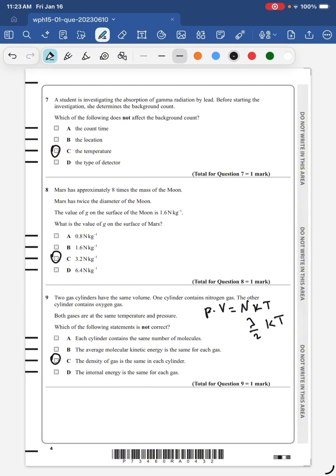And then D, the internal energy is the same for each gas. That's actually true, because you have the same number of molecules and the same temperature, and the internal energy is equal to the number of particles times 3/2 kT.